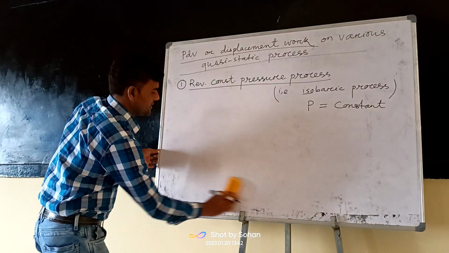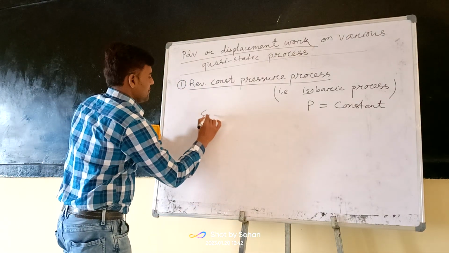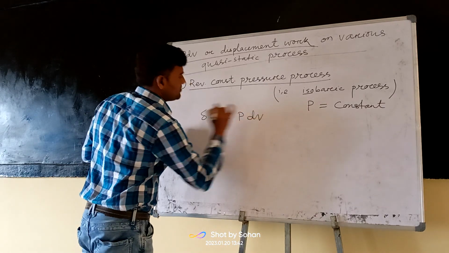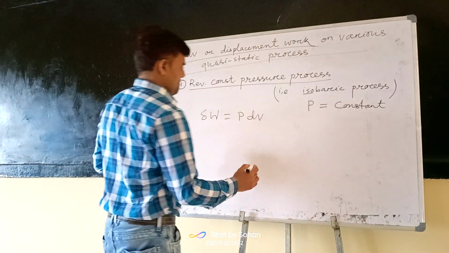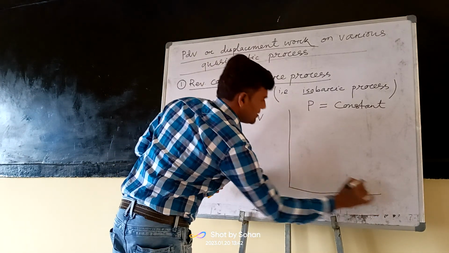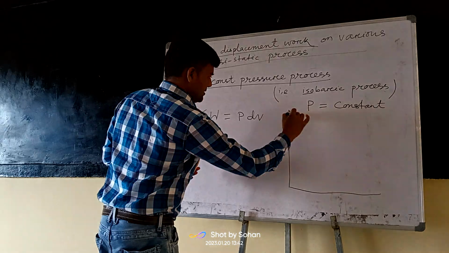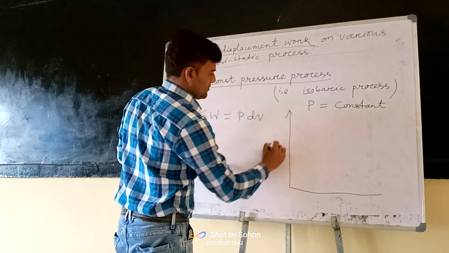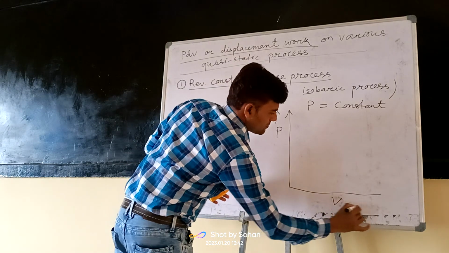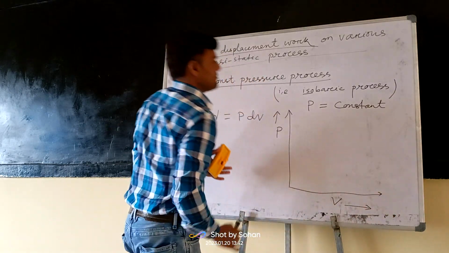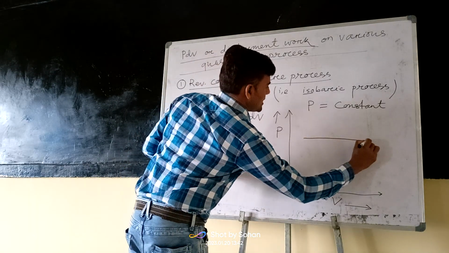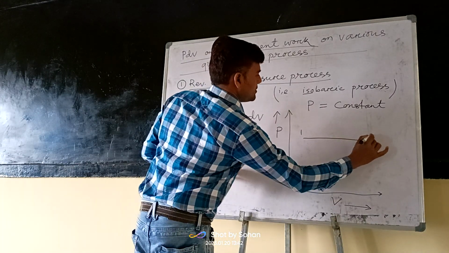Previously we have derived del W equals P dV. On the property diagram, that is the PV diagram, P on the y-axis, V on the x-axis, and P equal to constant like this, 1 to 2.